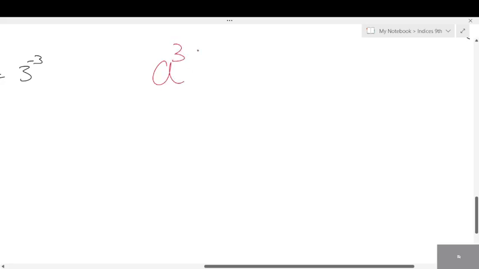A to the power of 3 divided by a to the power of 5x. Try this question. B to the power of 6 plus y.